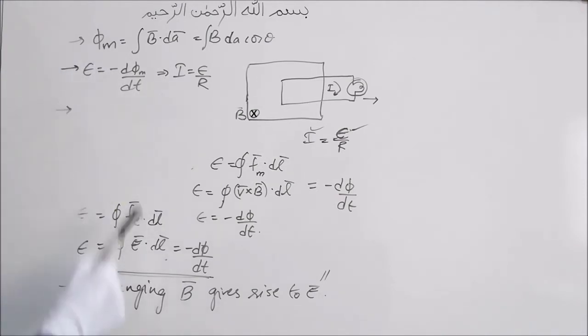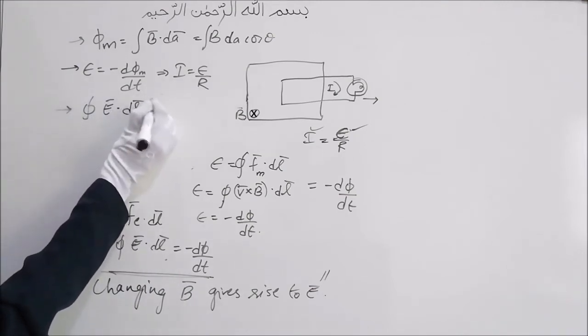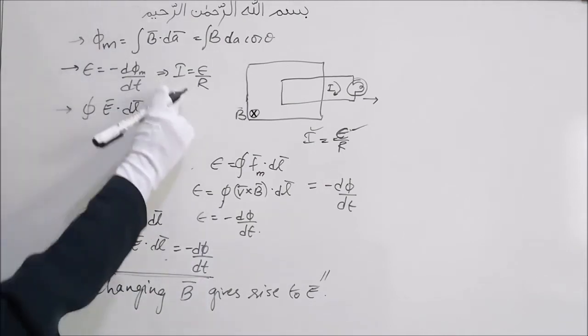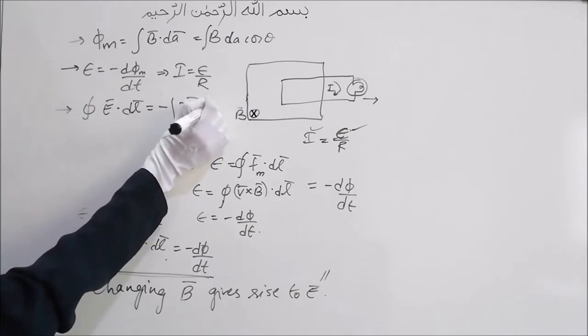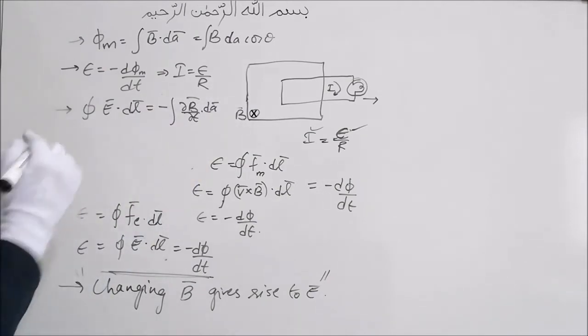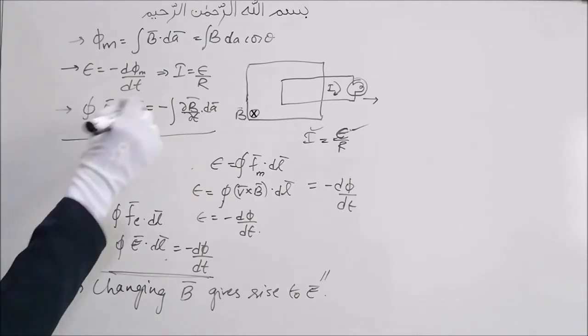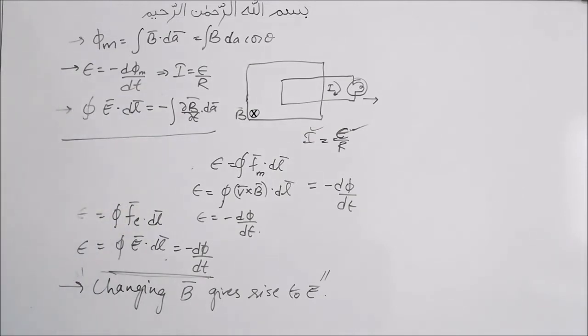Now we can look at this formula, which will become the closed integration of E bar dot dl bar equal to minus d by dt of phi, that is minus the integration of del B bar by del t dot dA bar. This is the integral form of Faraday's law, which says a changing magnetic field will give rise to an electric field.